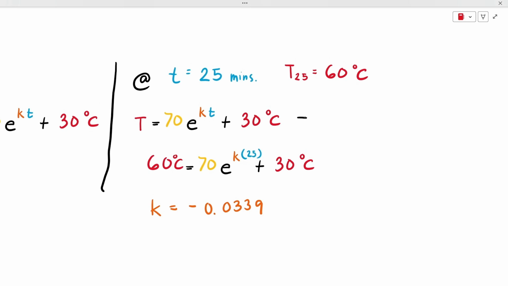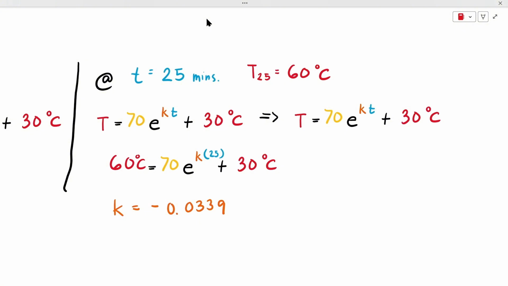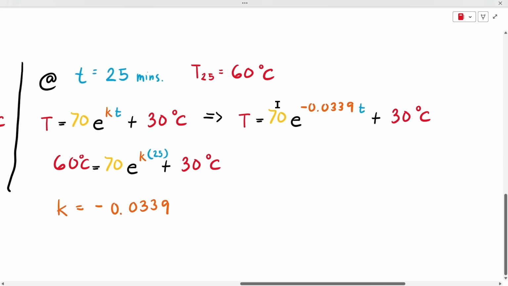Then substitute it into the preceding equation. This would be the new equation.